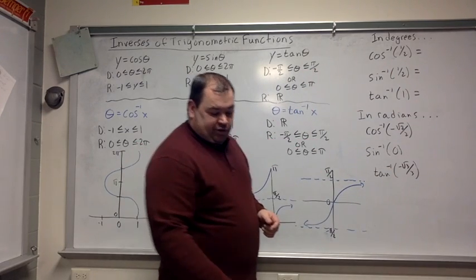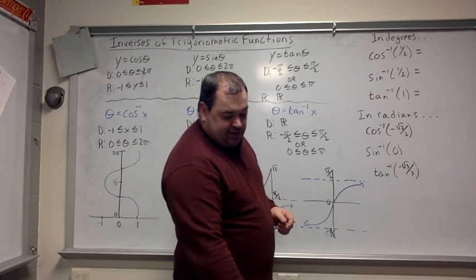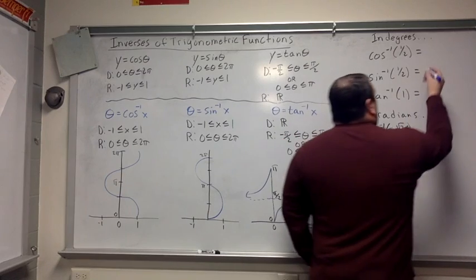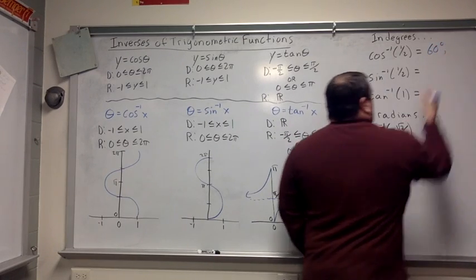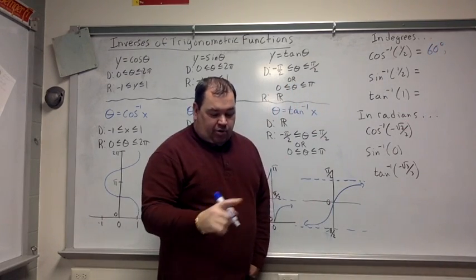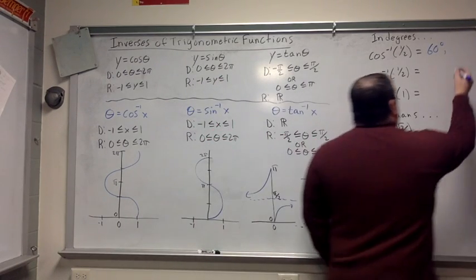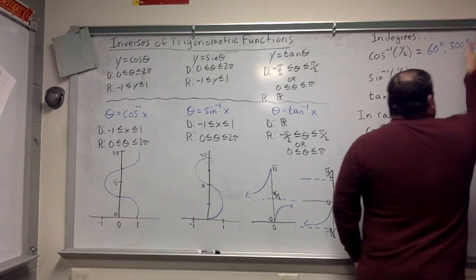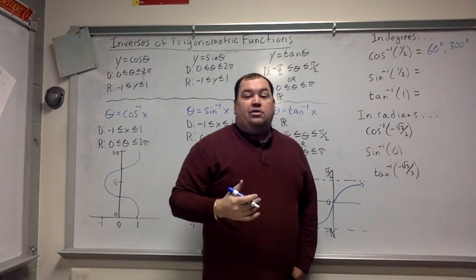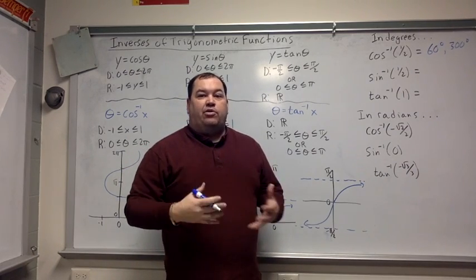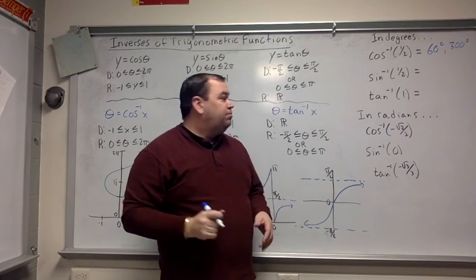Now, on my unit circle, the first time I see a cosine of 1/2 is at 60 degrees. The problem is there's another one. So I keep going around and I see another cosine of 1/2 at 300 degrees. That's great if I have my unit circle, which we will, but if I don't have my unit circle and I want to use a calculator, the calculator has to make a choice.